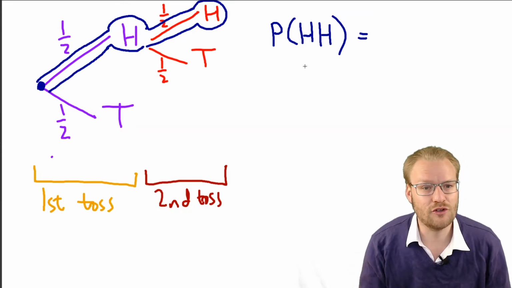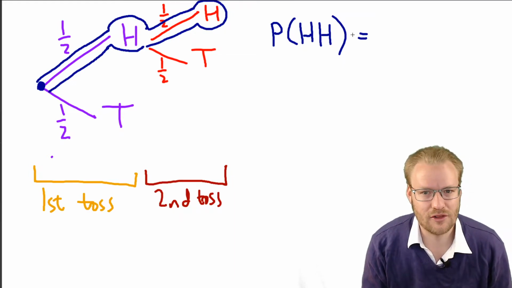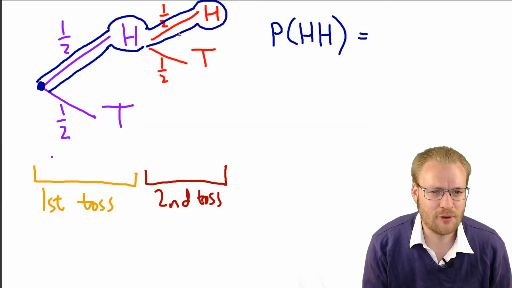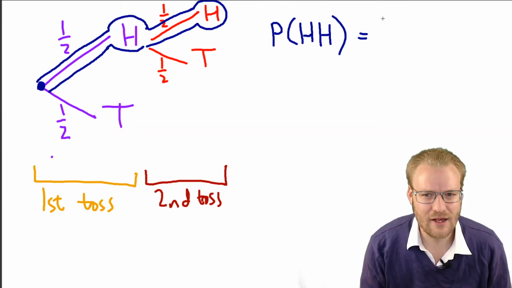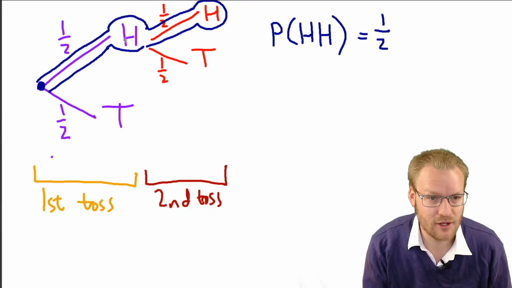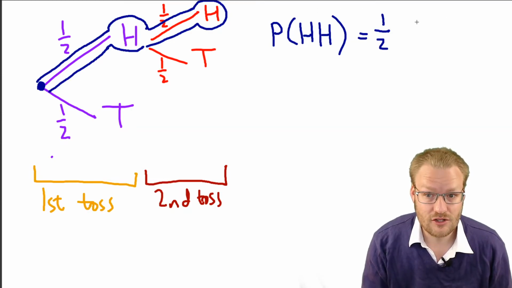Now, something new that we need to look at is, how do we make sense of going along a path and then going along another path? What we do with these probabilities, and we're not investigating why exactly, is to say, well, the probability of going along this path to start with is a half. The probability of going along this path, head, is also a half.